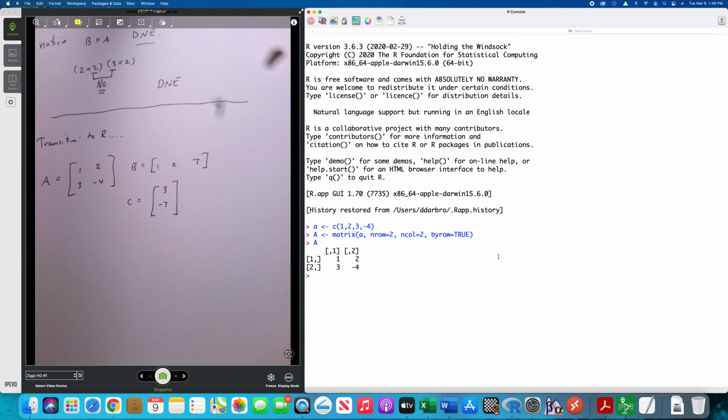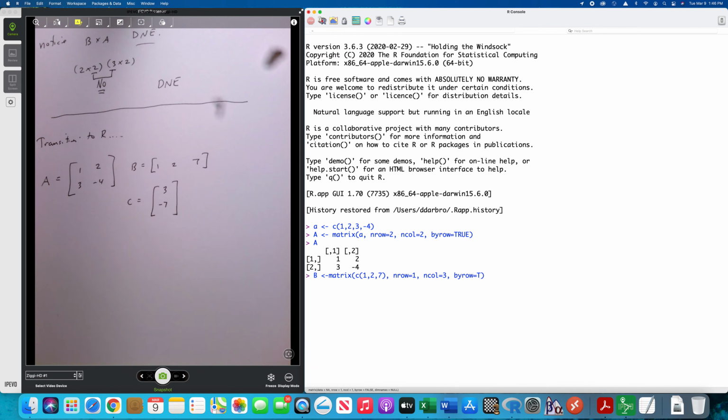All right. So for B, I'm going to take a slightly different approach. When I have a very small matrix, I can just enter the data there. So I can see that I need 1 row, and I need 3 columns. And byrow here is going to be equal to TRUE.